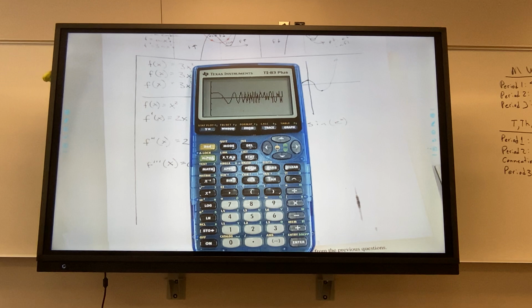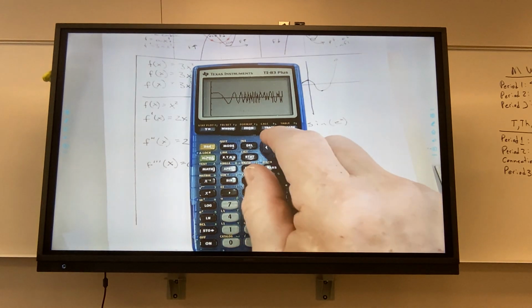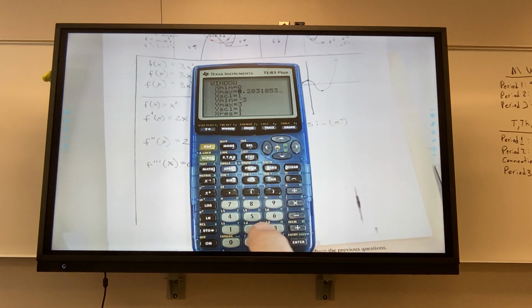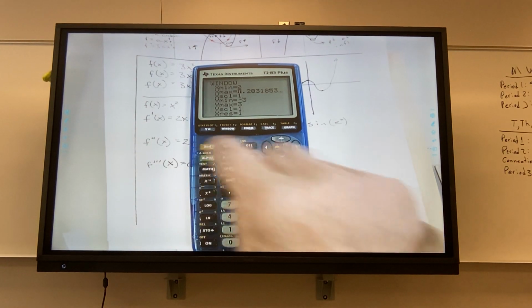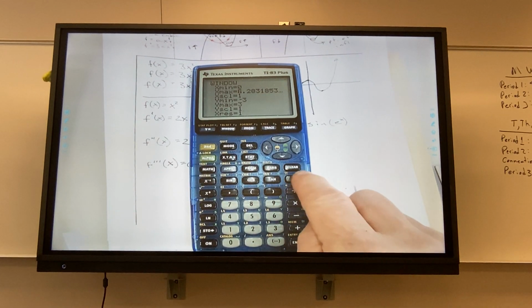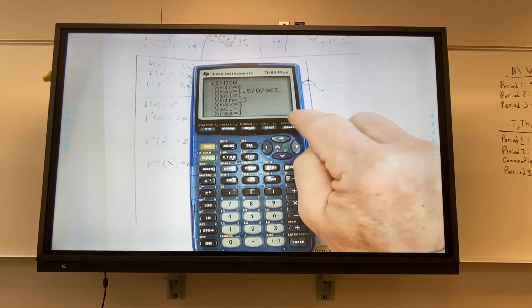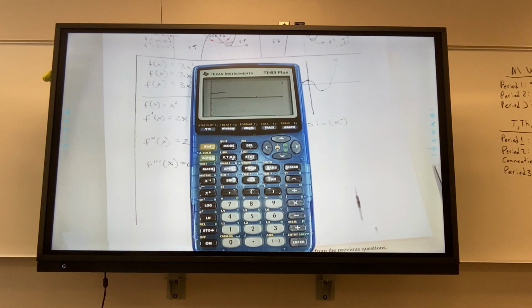In fact, I think it's too long, so I'm going to change my window even more. I'm going to make this second pi divided by 2. Yeah, it's simpler, it's not so crazy.